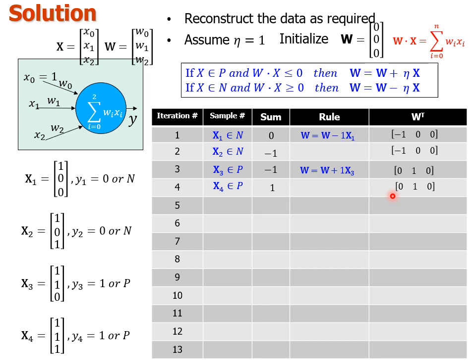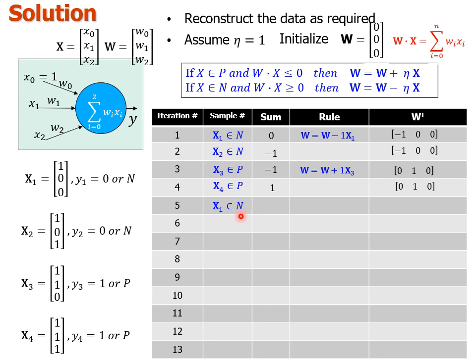Now all 4 vectors we have tested, but still we have not reached convergence, and hence we are going to provide all those instances again and again. So in the fifth iteration, once again we are going to present x1 that belongs to the negative class.